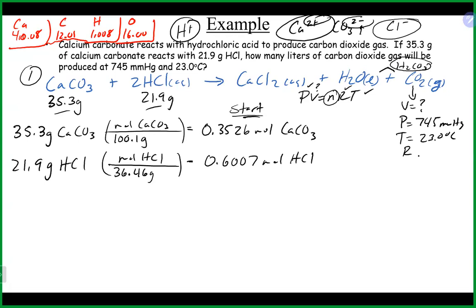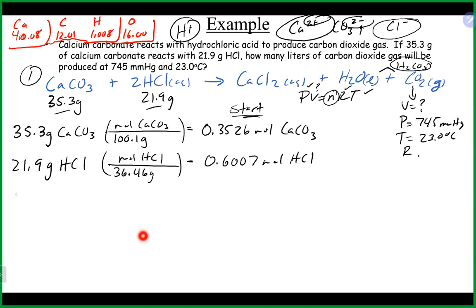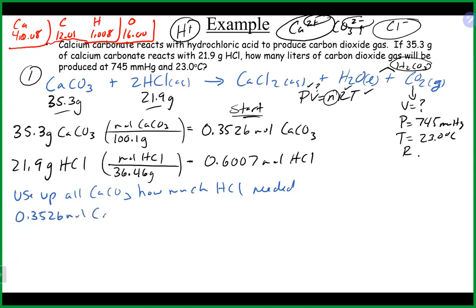A reminder that you just need to do a calculation between the two reactants. So if I want to use up all my CaCO3, how much HCl is needed? I'm just going to do that little calculation, and that will tell me which one is the limiting reagent. So I start with the moles of calcium carbonate and use the mole-to-mole relationship from the equation, which is a 1 to 2 relationship between those two.